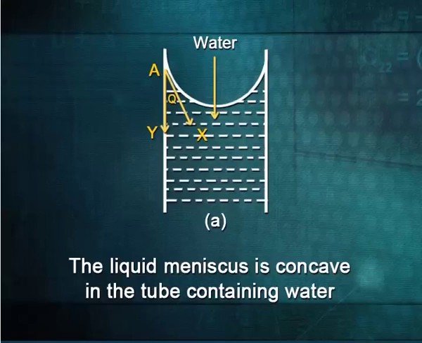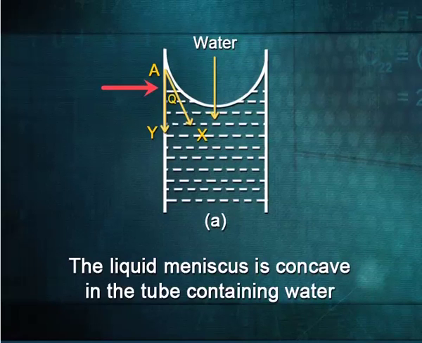So students, look at the figure, figure A. In this figure, water is taken in the tube. As you will be able to see, the tangents are drawn at the solid surface, means the surface of the container, and second tangent is drawn to the liquid surface, that is drawn towards the meniscus, and this angle formed is called angle of contact, which is denoted by theta.